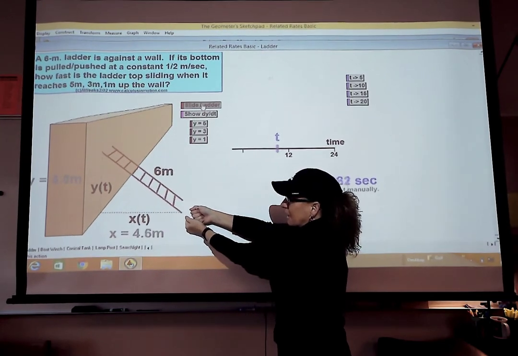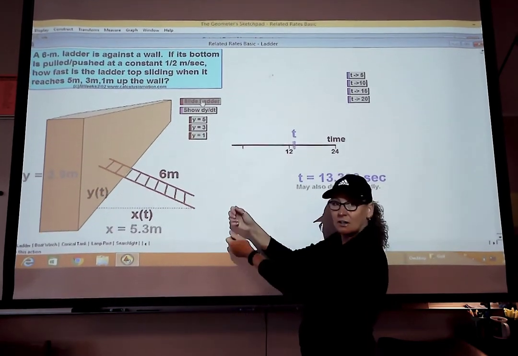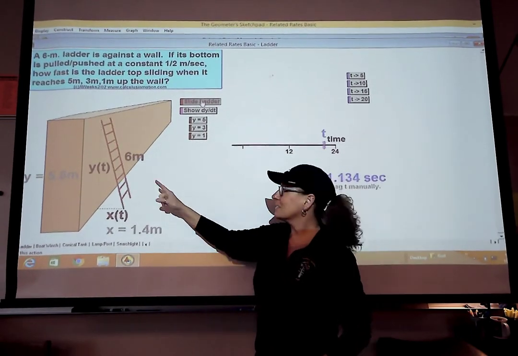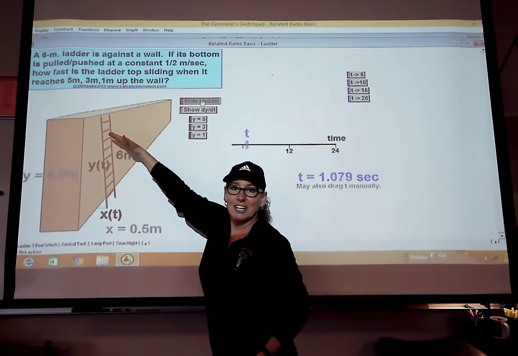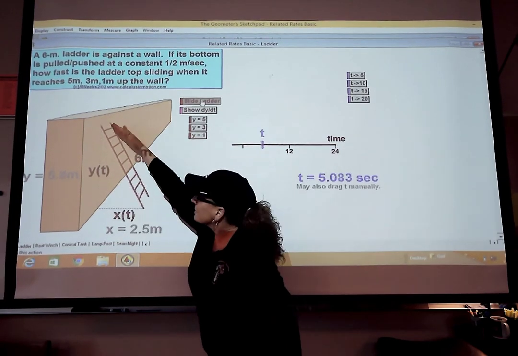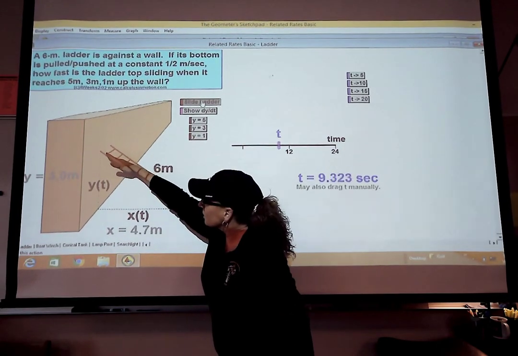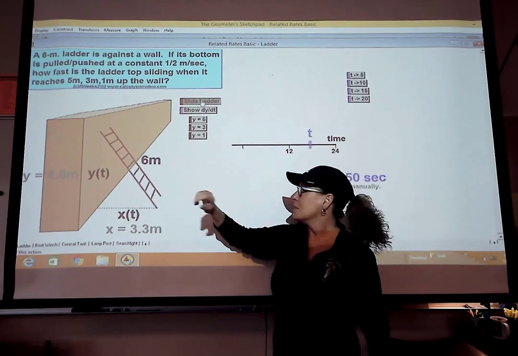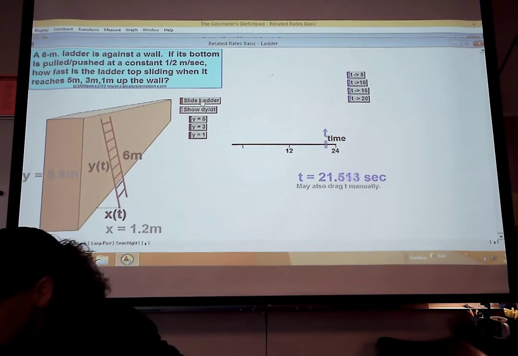We'll watch the top of the ladder. The farther out the base of the ladder gets, the faster it slides down the wall. See? Slowly, slowly, then faster, faster, faster. So here's what's going on.